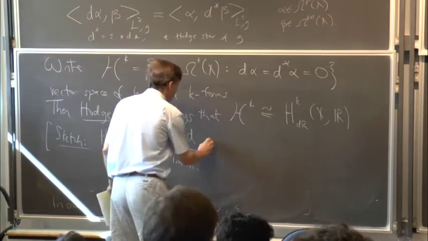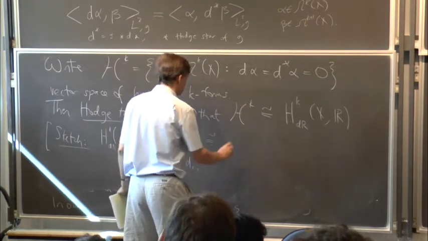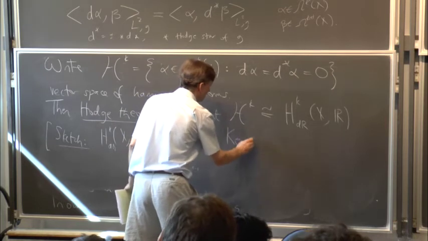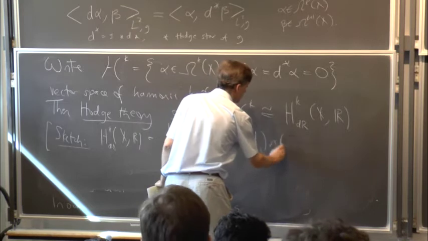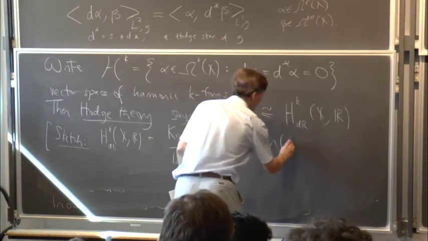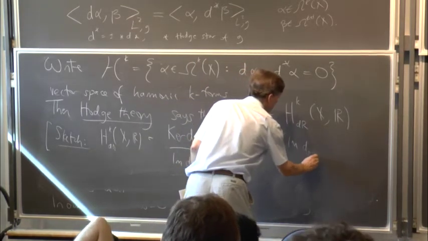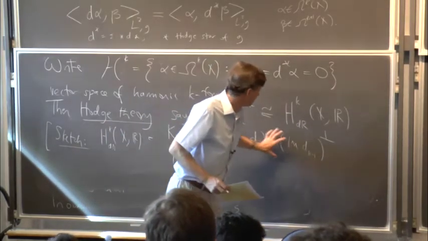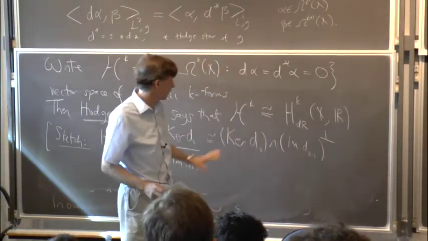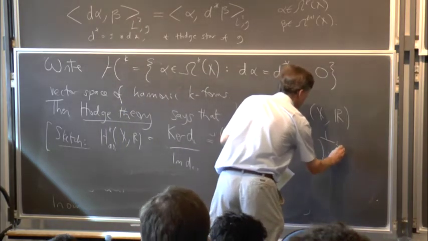So this is isomorphic to the kernel of d_k intersected with the orthogonal subspace to the image of d, where this is the L2 orthogonal.